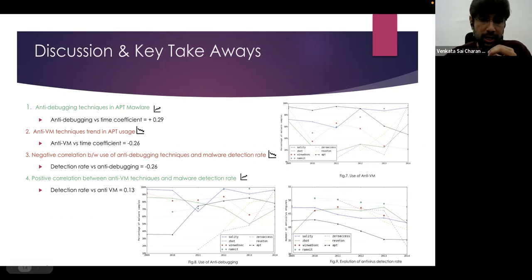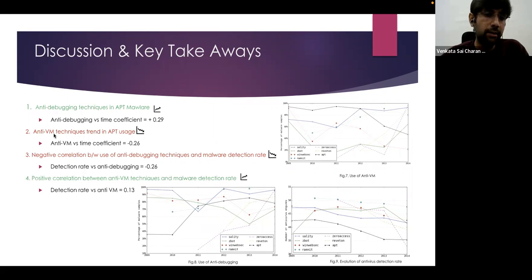You can clearly see that, where the black one is the APT malware, from 2009, 10, 11, 12, it increased in a proper way.